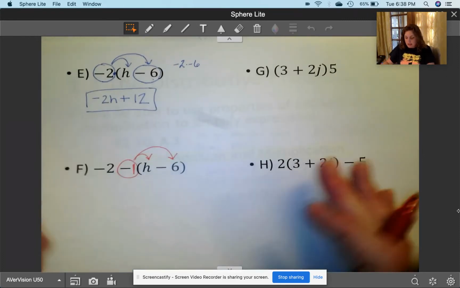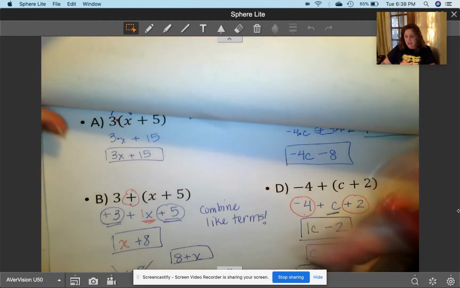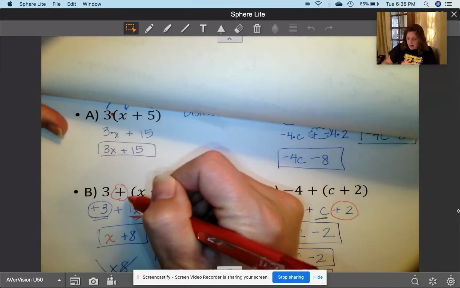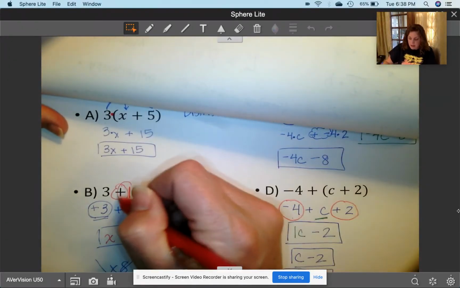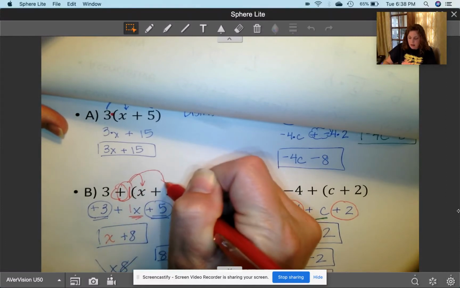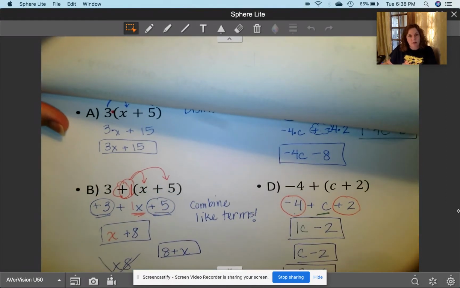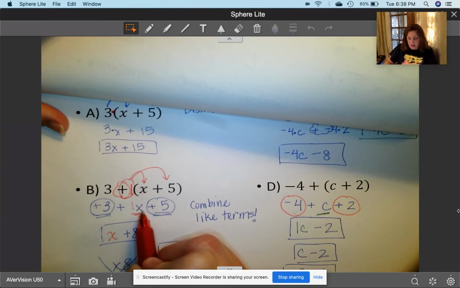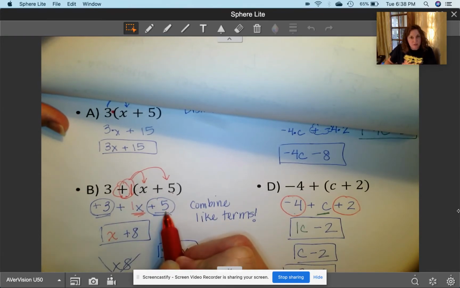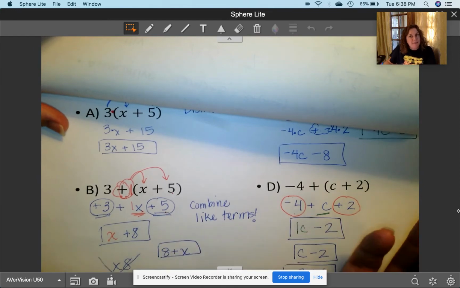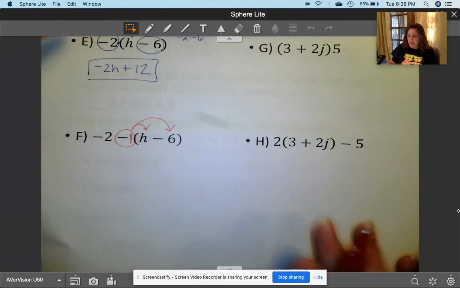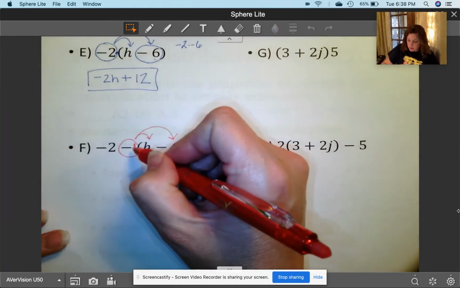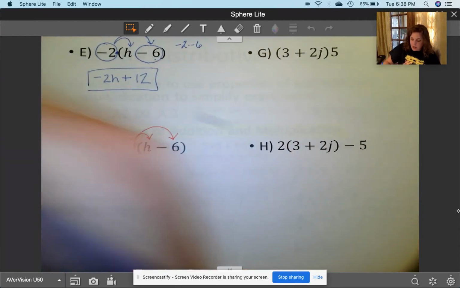Could I have done the same thing before? I actually could have. I could have said, well, this is a positive 1, and I want to go ahead and distribute that. Well, if I were to distribute the positive 1, 1 times x is 1x. And 1 times 5 is 5. So you get the same thing. Now, with the negative, we're going to distribute this negative 1 way out in front.